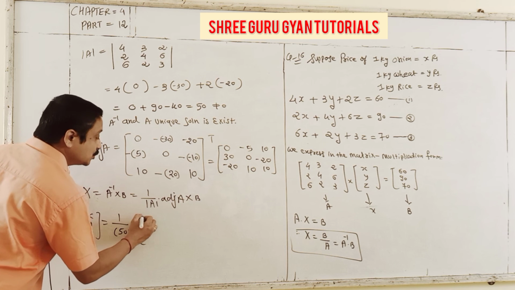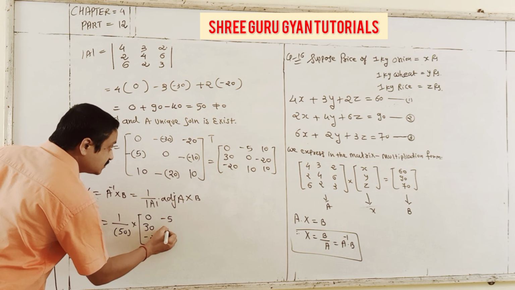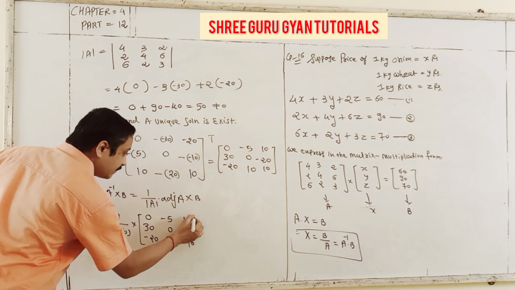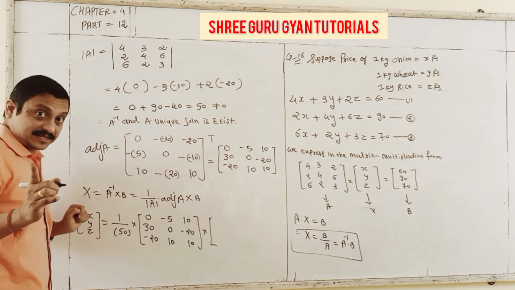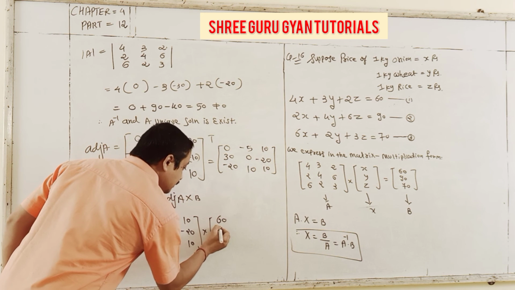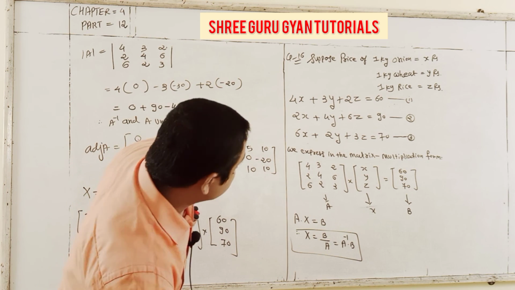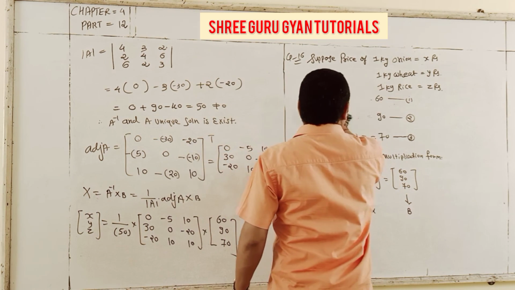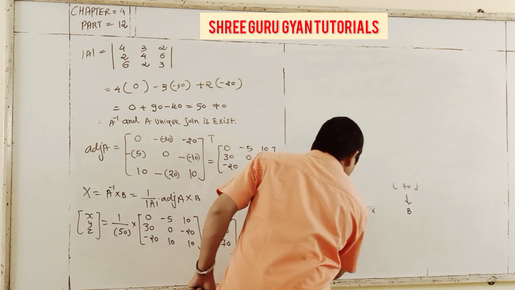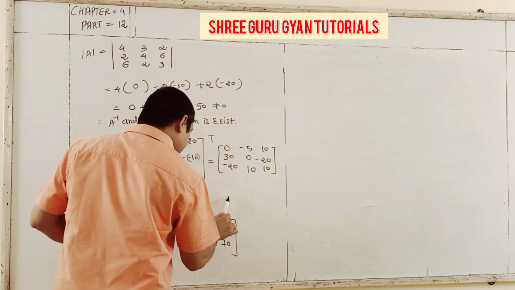The adjoint of A is also known: 0, 30, minus 20; minus 5, 0, 10; 10, minus 20, 10. And the B matrix is 60, 90, 70. Now apply matrix multiplication.